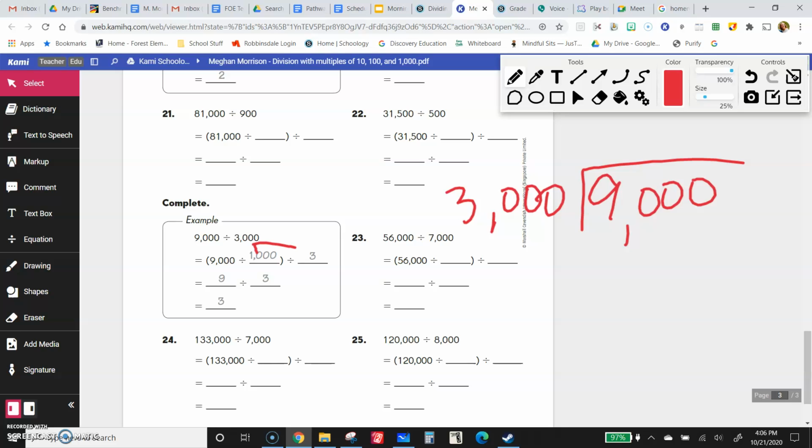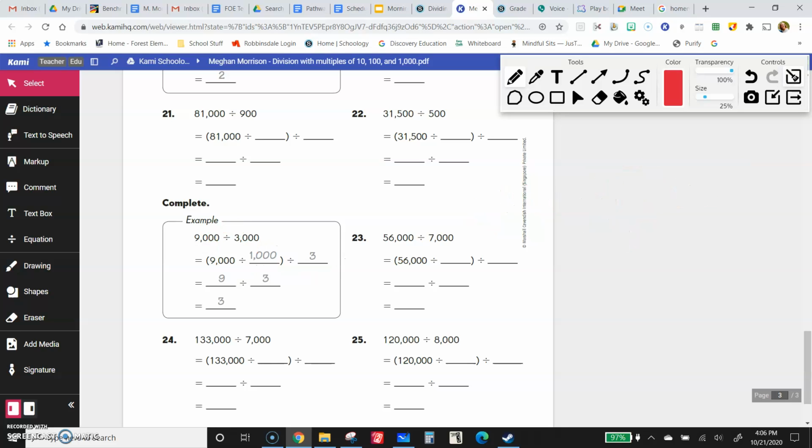And really, I don't even have to sort of break it up like this. I can just say, okay, cancel out a 0, cancel out a 0, cancel out a 0. I'm left with 9 divided by 3. That's another option. They're just showing you all the steps on this. So say I had something, this isn't one of the problems, but if I had 52,000 divided by 40.